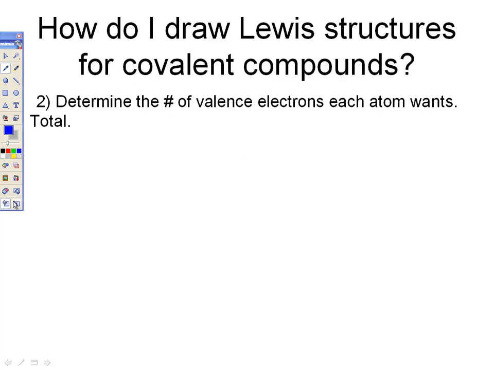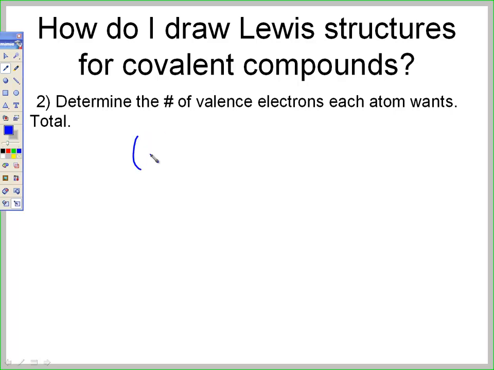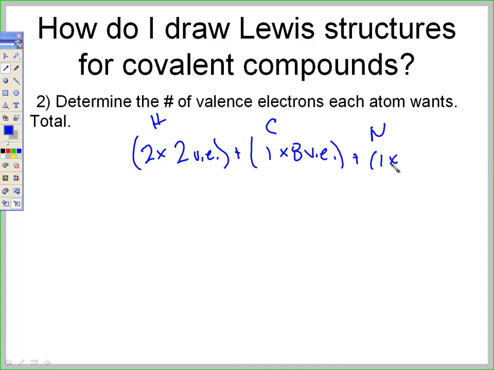Okay, so I erased this before I meant to, but if hydrogen wanted 2, and each of the other 2, my carbon and my nitrogen, wanted 8, then altogether that is 4 plus 8 is 12 plus 8 is 20.